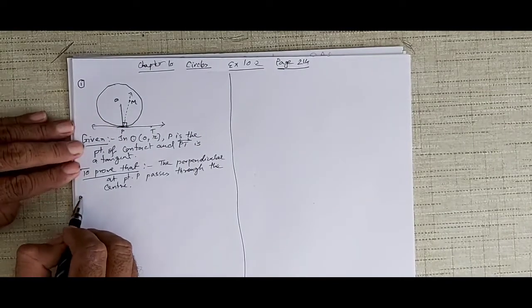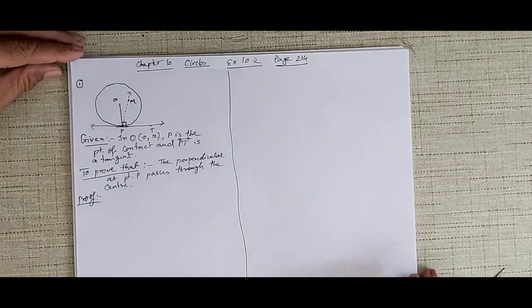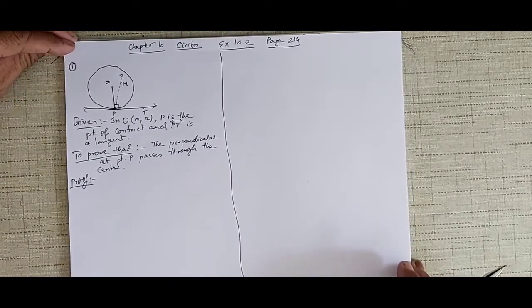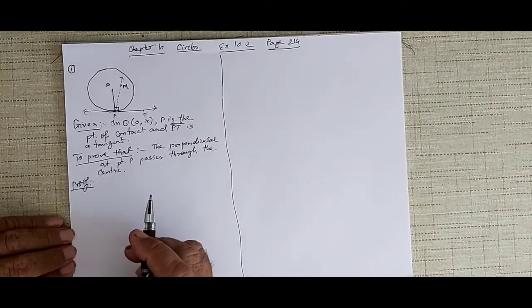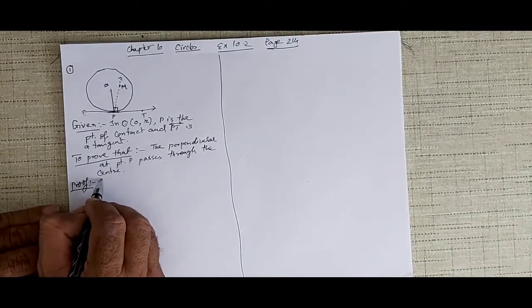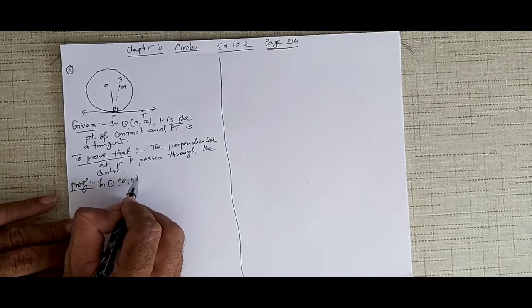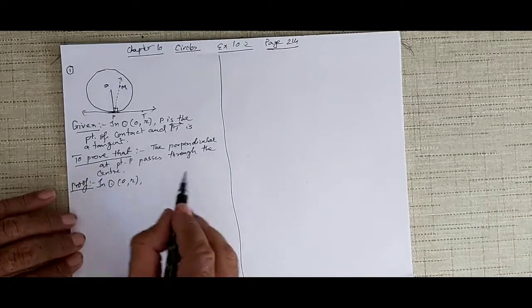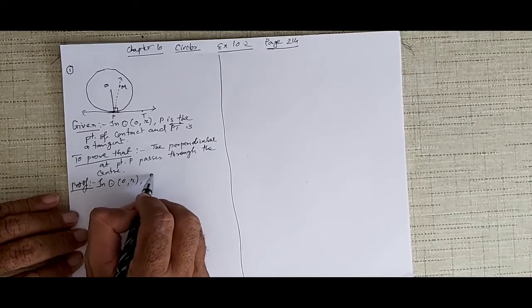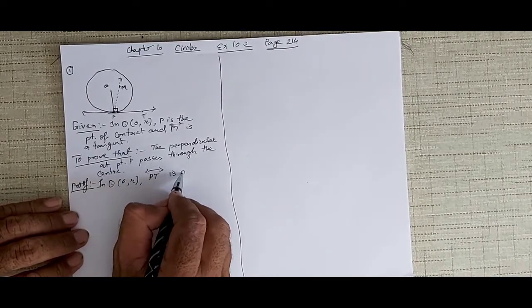Alright, now let us just see the proof. If you look at it carefully, we start with what is given. In a circle with center O and radius R, P is the point of contact and PT is the tangent.